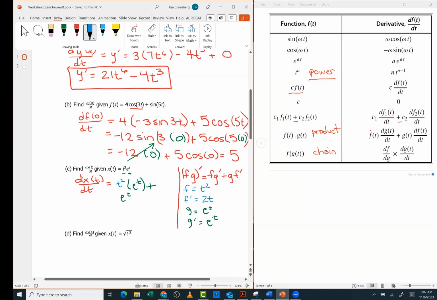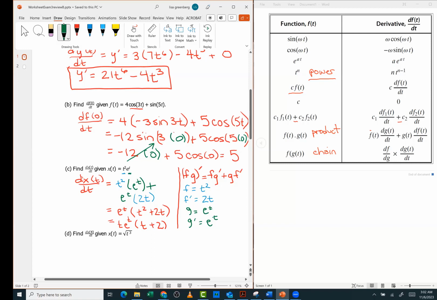F prime is 2t. This equals e to the t times t squared plus 2t. I can simplify this further by factoring out a t. I have t e to the t times t plus 2. And that is my final answer.